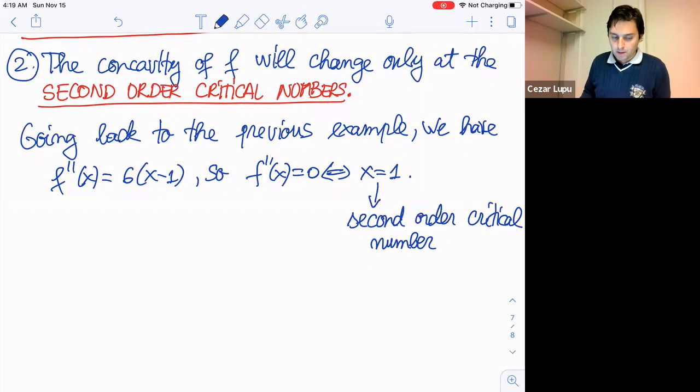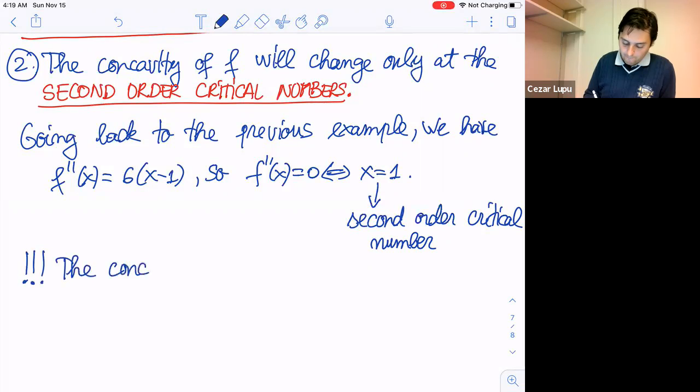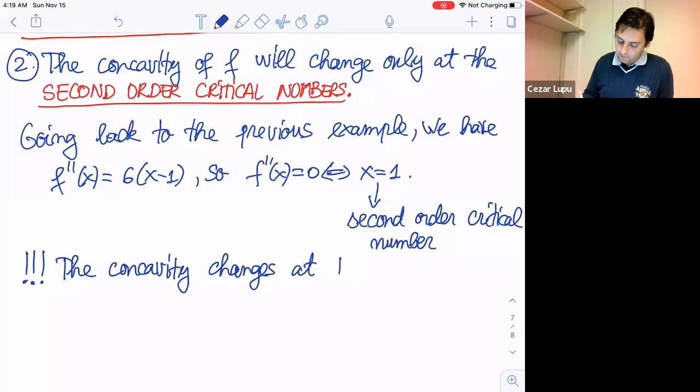Okay, so notice that the concavity changes at this point. This is important for you to know.